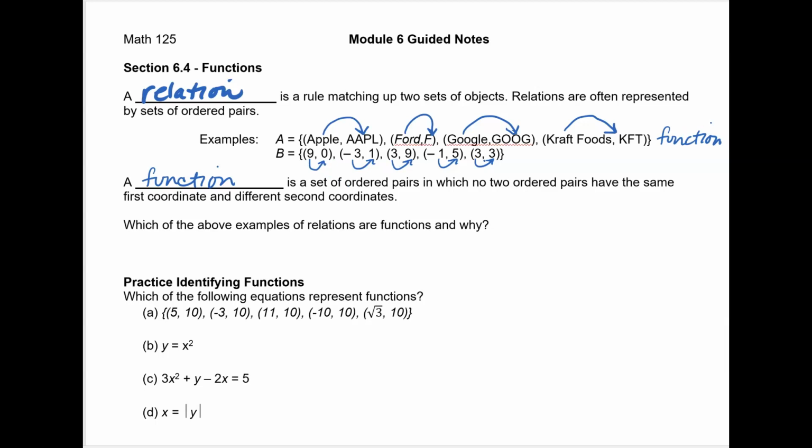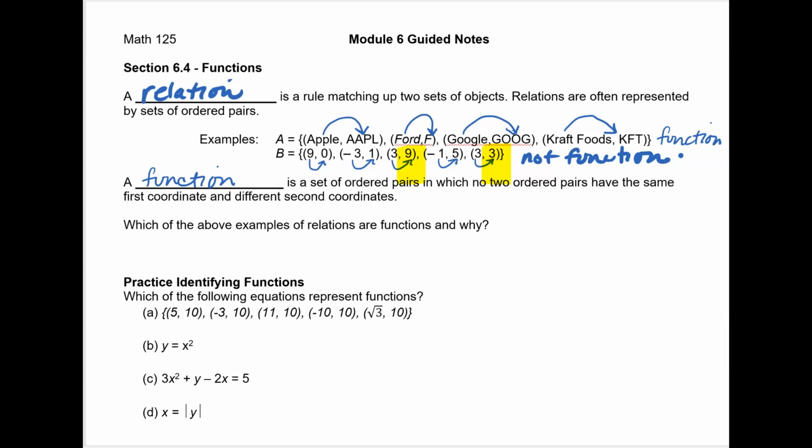If you're not sure, this would be a great time to pause the video and see if you can figure it out for yourself. Every x needs to go with only one y. The reason that this is not a function, I'll highlight it for you here: we have 3 going with 9, and we have 3 also going with 3. So that x value 3 is matched with two different y's, and that means this is not a function.